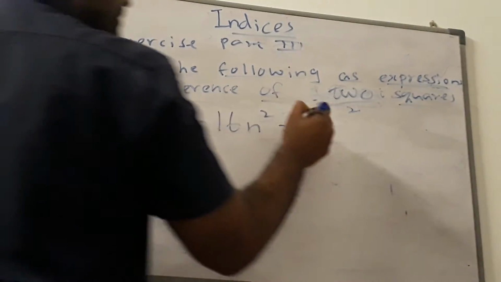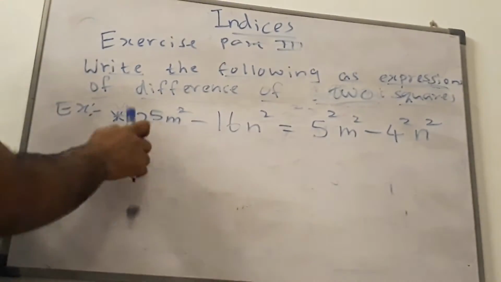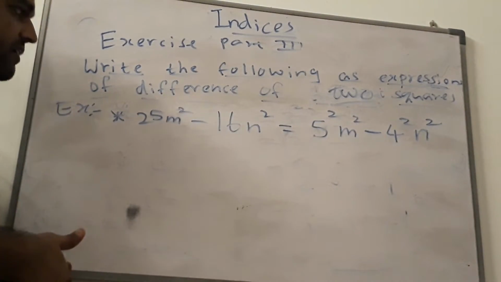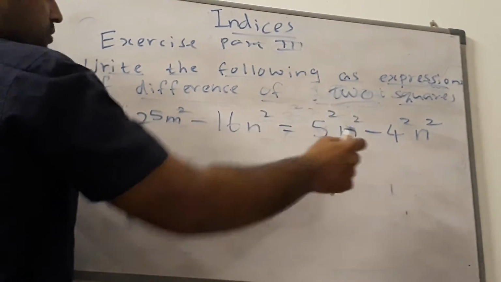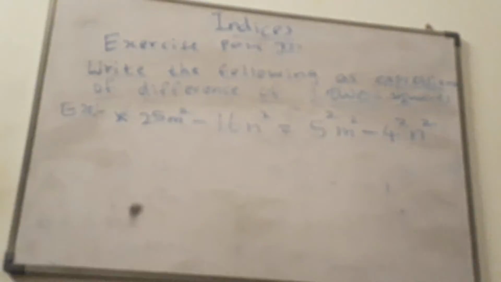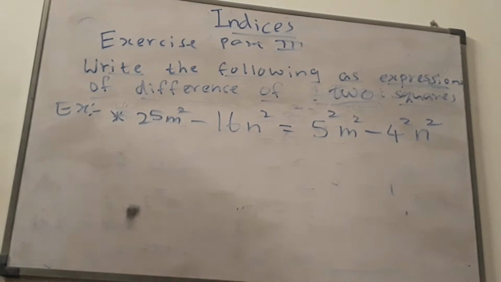So 25 can be written like 5 squared m squared, minus 16 means 4 squared n squared. 25m squared can be written like 5 squared m squared, 16n squared can be written like 4 squared n squared. Now we can write this as difference of two squares.